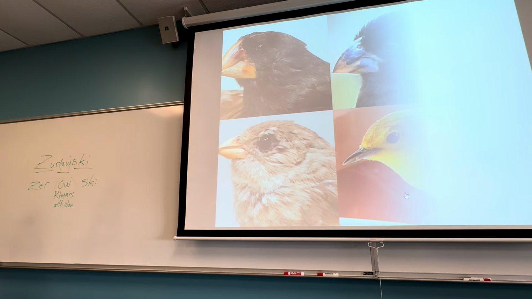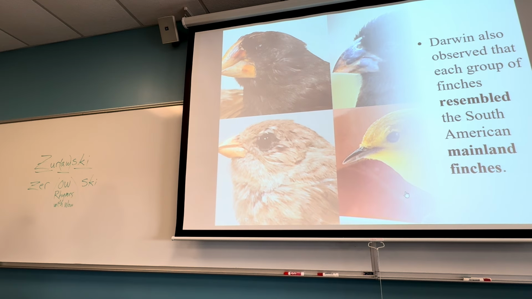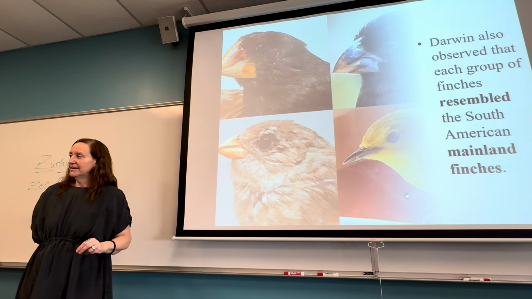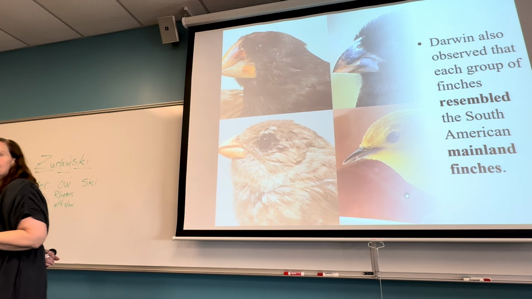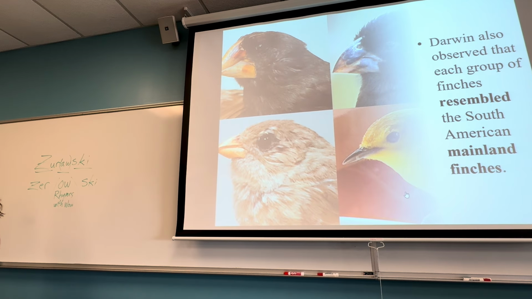And Darwin then noticed that they all are specifically adapted to what's going on their island. They are similar to the birds on the mainland, but depending on their environment, their traits matched up precisely to allow them to survive on that particular island.